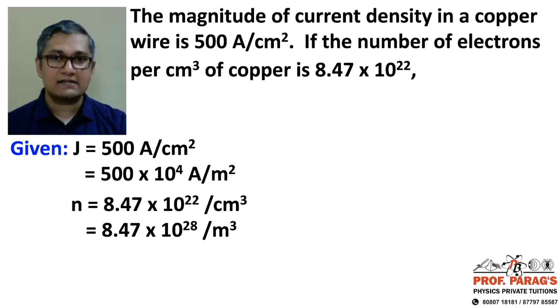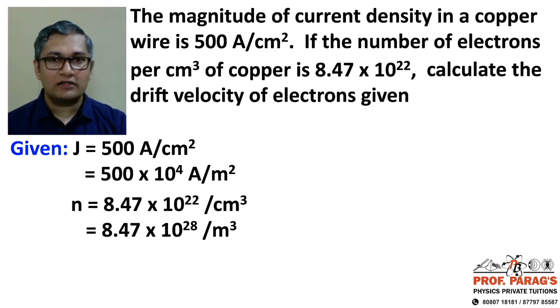So centi is 10 raised to minus 2, 10 raised to minus 2 cube will become 10 raised to minus 6, which will go in the numerator, right? Centimeters was in the denominator, so it goes in the numerator. It becomes 10 raised to plus 6, and I already have a 10 to the power 22, so 10 raised to 22 plus 6 will give me 10 raised to 28. So that's my number of electrons per unit volume.